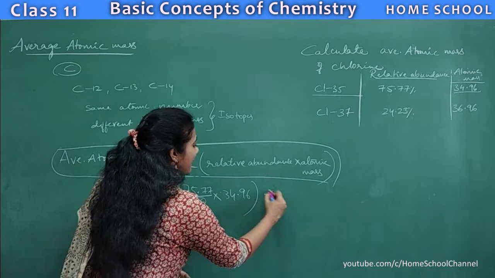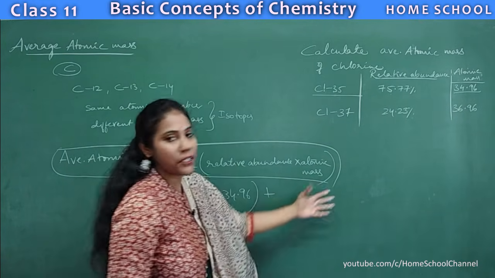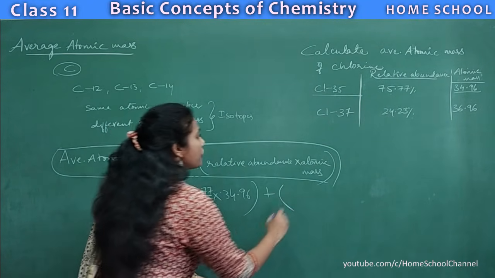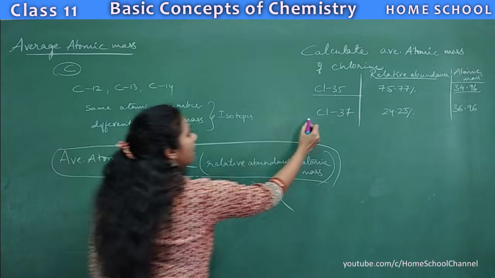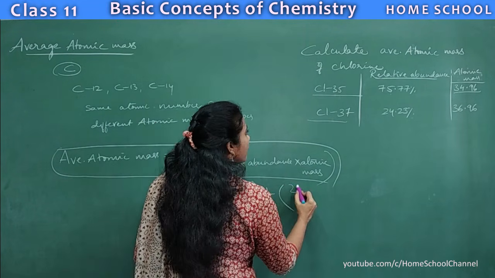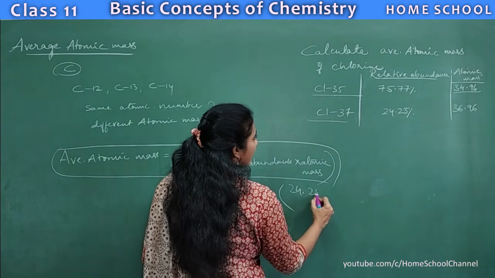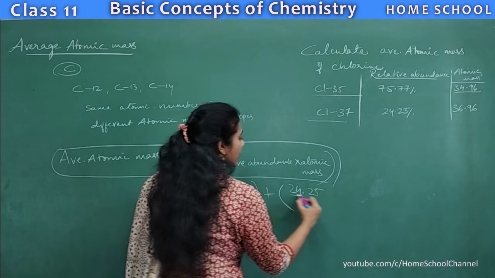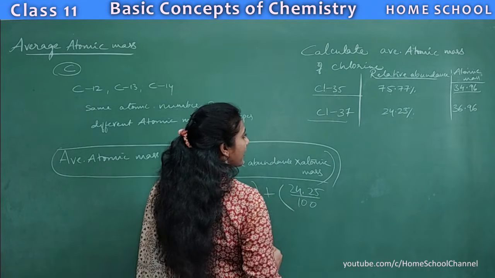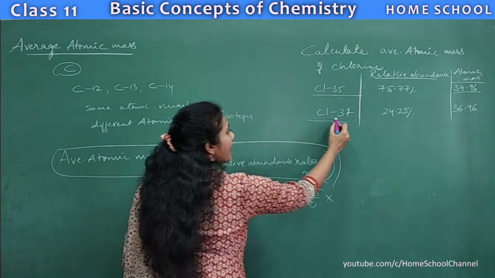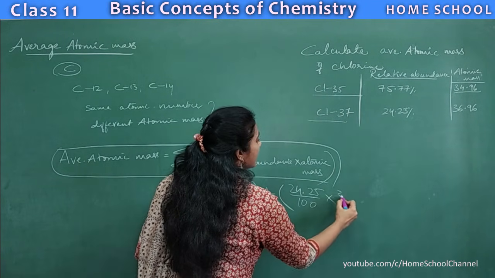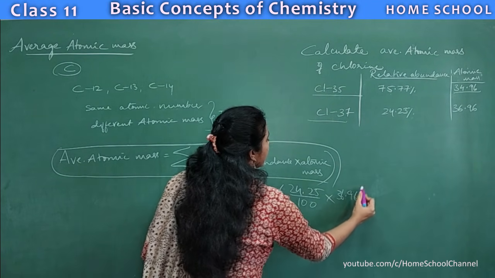Then add another isotope's information. Clear? What is the relative abundance of this isotope? 24.25, and remove the percentage, that means you divide by 100, into the atomic mass of this isotope, which is 36.96. That's it.